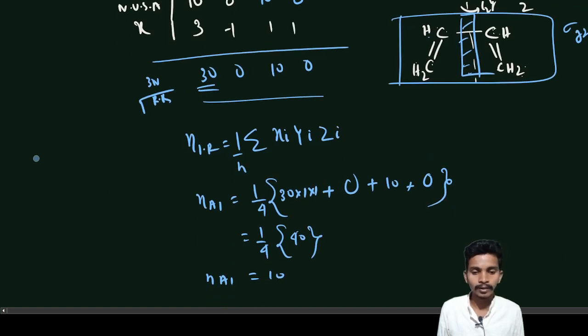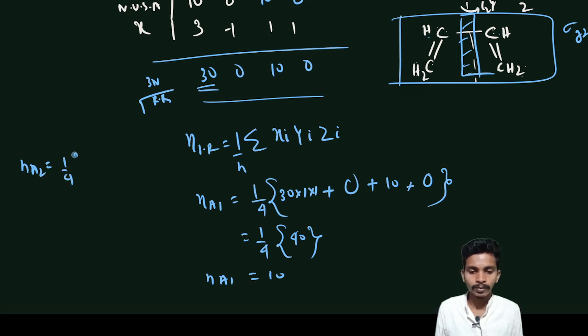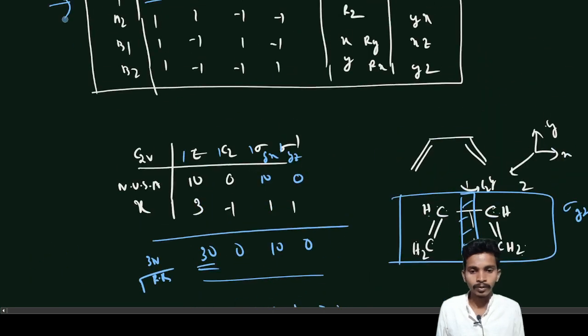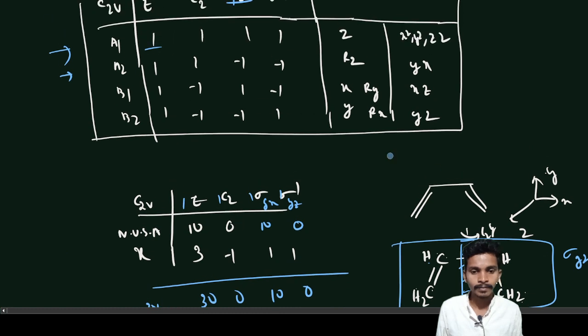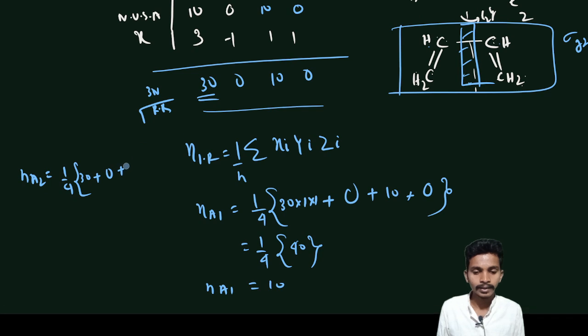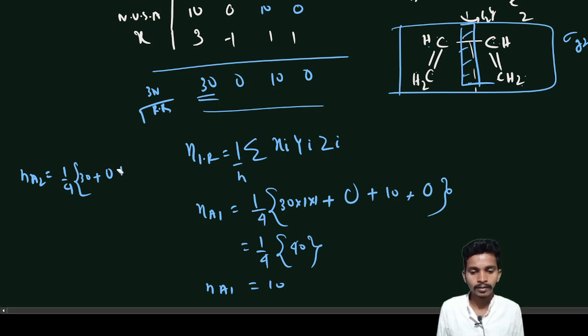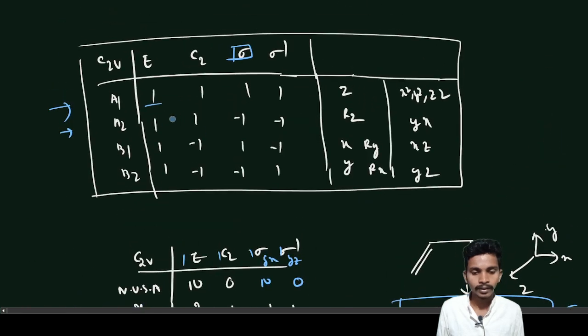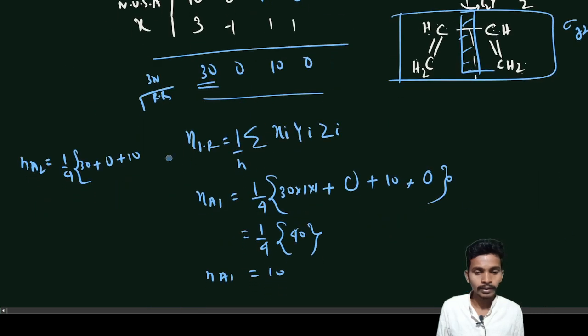Similarly, if I go for na2, that will be 1 upon 4. Now this is 30, and this character is also 1, and the coefficient is also 1, so this will be 30. This is 0, so the whole term will be 0, and this is 10, then I will go for here, this is -1, so this will be -1.